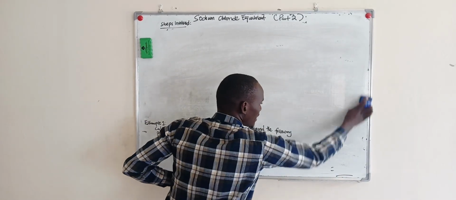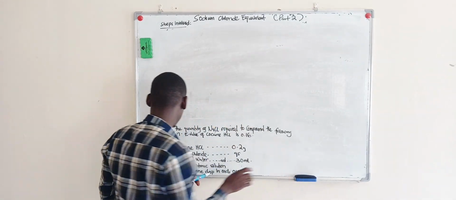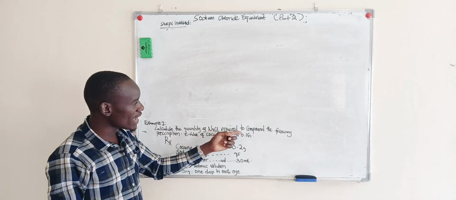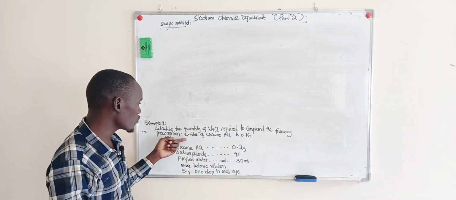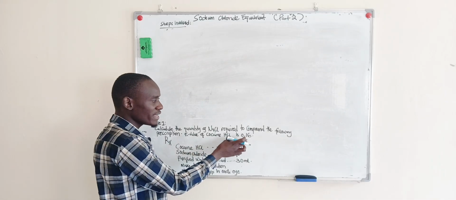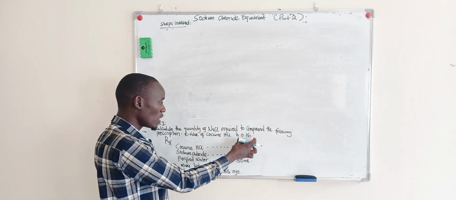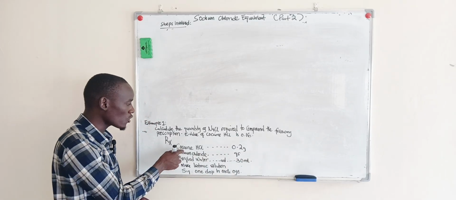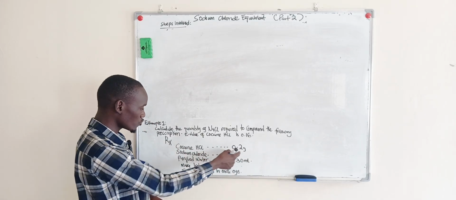Let us look at our first example. Calculate the quantity of sodium chloride required to compound the following prescription. The E value of cocaine has been given to us as 0.16, and the prescription has also been given to us. Cocaine hydrochloride is 0.2.